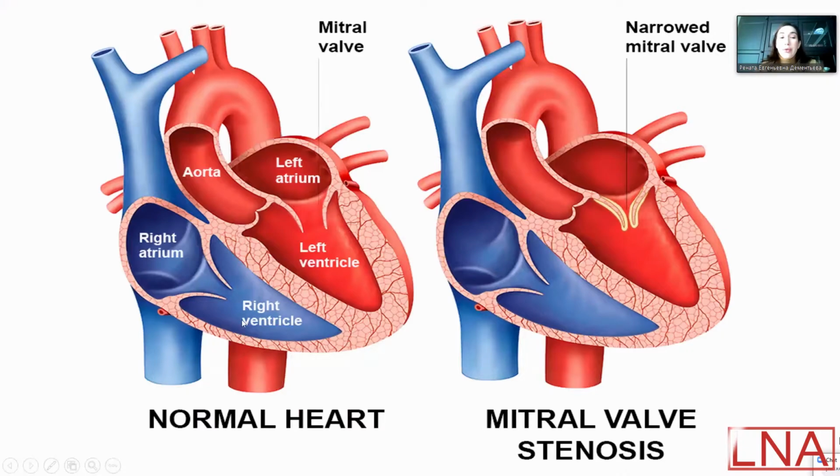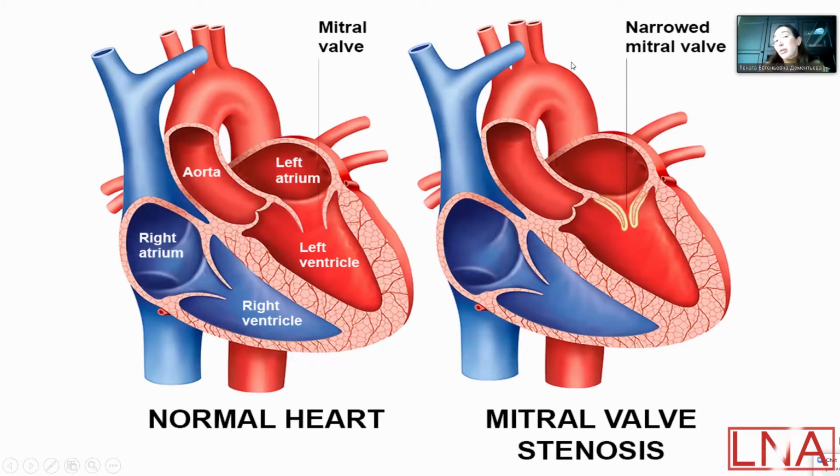And look at these pictures. This is a picture of the normal heart and normal circulation of the blood. And if you find mitral valve stenosis, we can assess the mitral valve, which is located between the left ventricle and left atrium. Stenosis of the mitral valve leads to damage that first of all affects the chamber of the left atrium.